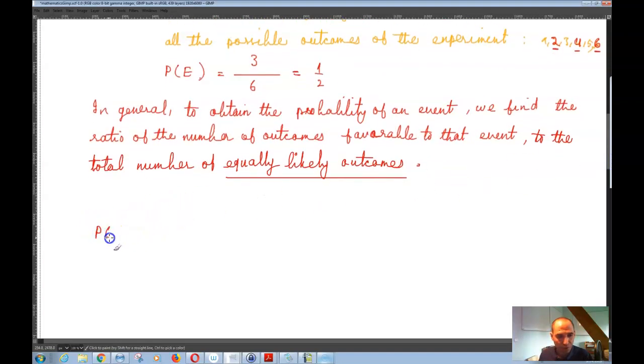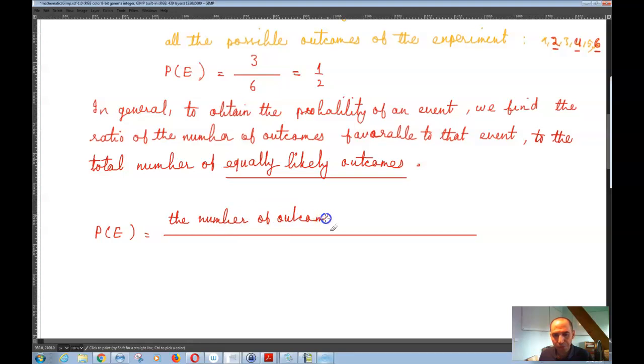So basically you can write P of E is equal to the number of outcomes favorable to E, divided by the total number of equally likely outcomes.